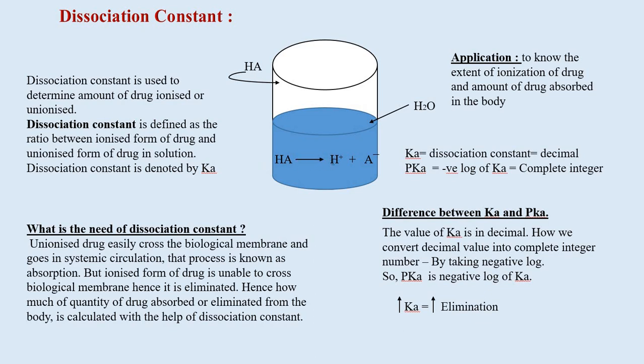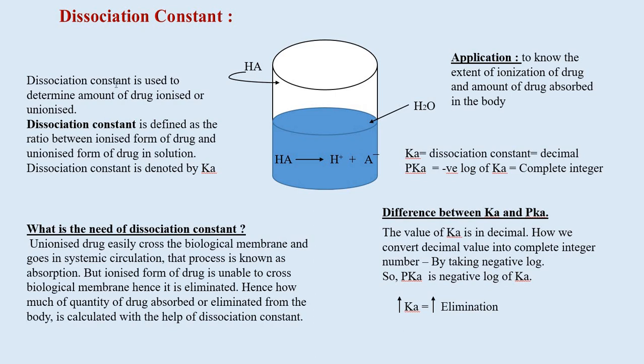So HA is dissociated into H plus and A minus. These are the two ions of that drug. Basically, dissociation constant is used to determine the amount of drug ionized or unionized. This is the basic need or basic application for the dissociation constant.